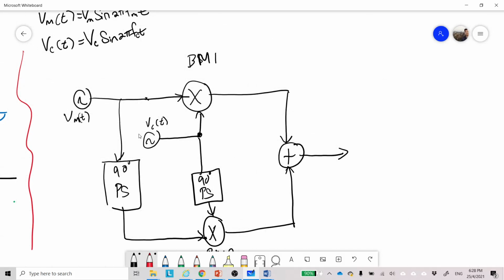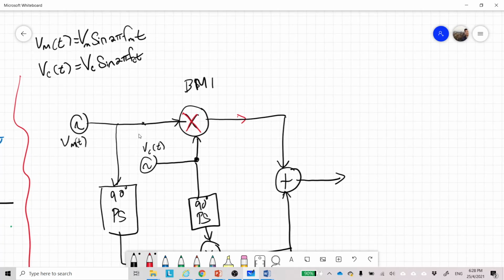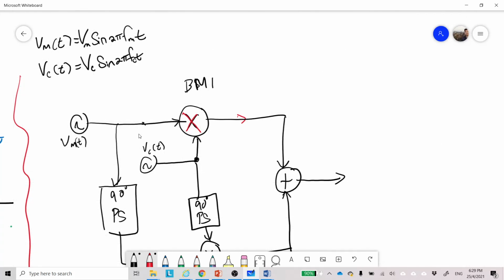So what happened at the first balance modulator, BM1? Over here you see that this is X, or this will do the process of multiplications. That means VMT will be multiplied to the carrier signal.